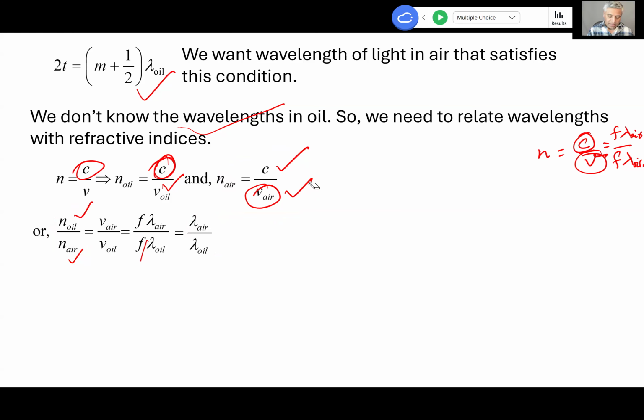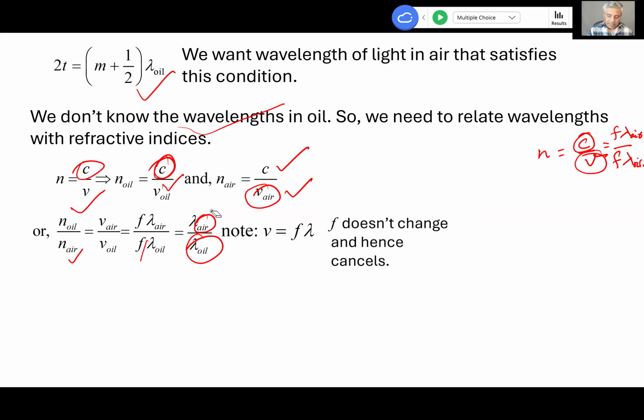But you see here, there is oil on the top, but air on the top over there. So they are inversely related. Higher the refractive index, lower the speed, or smaller the wavelength. That's what it is saying.